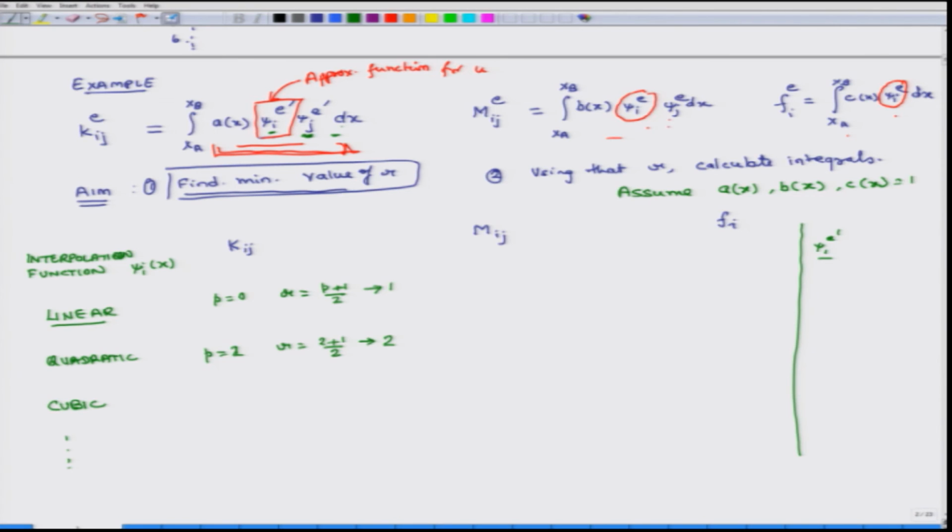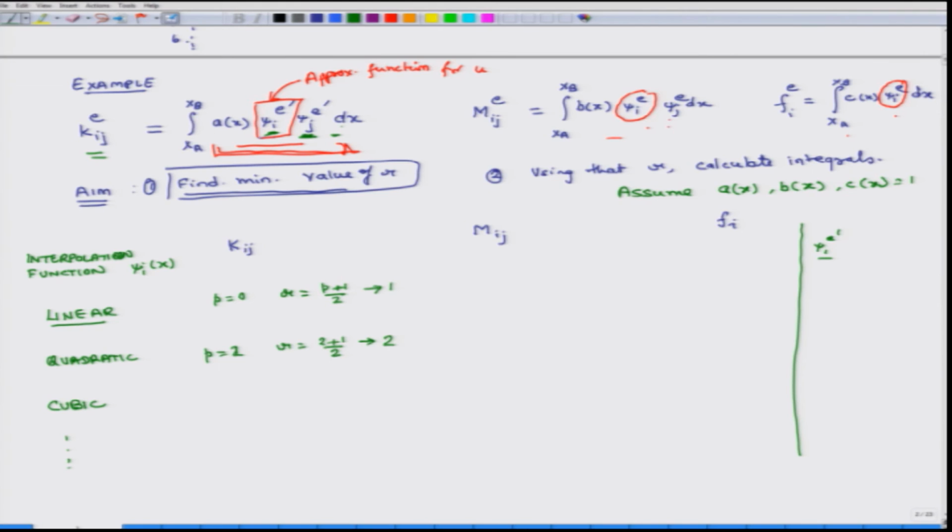So, what that means is that if you have to find this Kij and your interpolation functions are linear quadratic, then the minimum number of quadrature points which you need is 2. If it is cubic, then what happens? So, if psi is cubic, then psi I prime will be quadratic. So, that is 2.